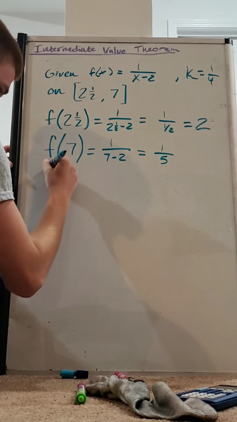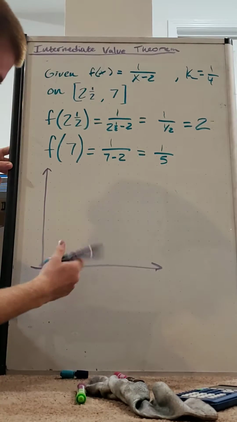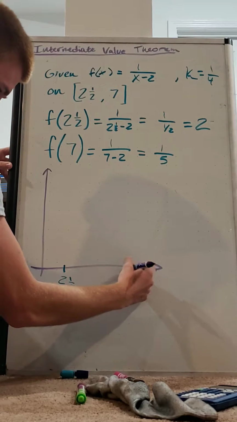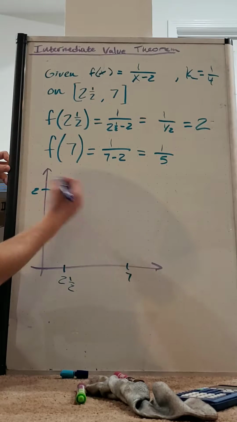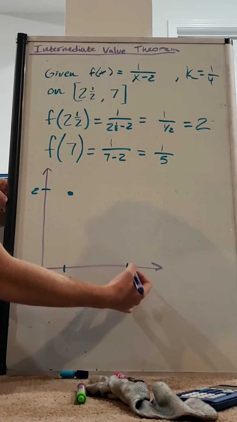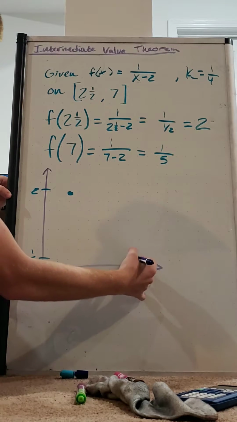I'll draw this graph again just to make sure we understand. So if we're starting at 2.5 and going to 7, and we'll say this is 2, the function hits 2 up here, and then it also hits 1/5 down here.